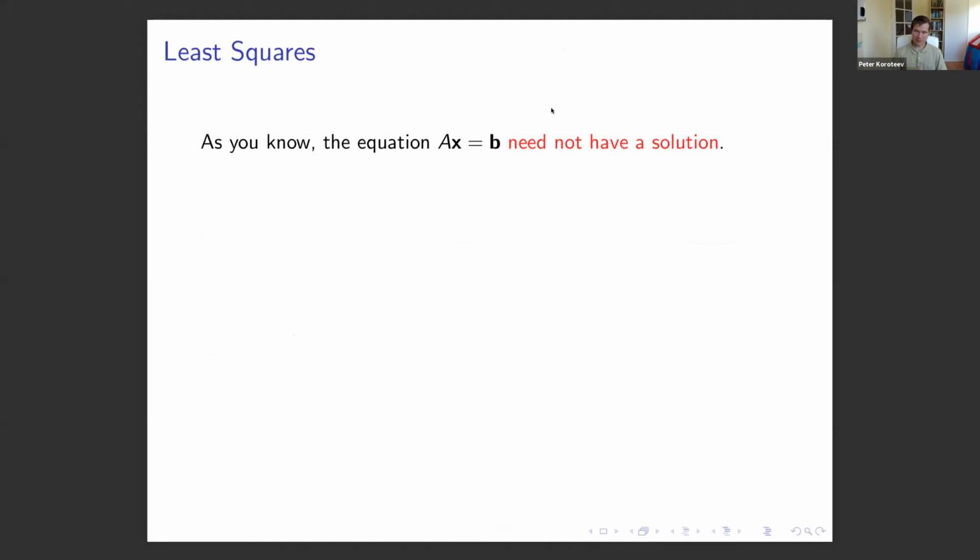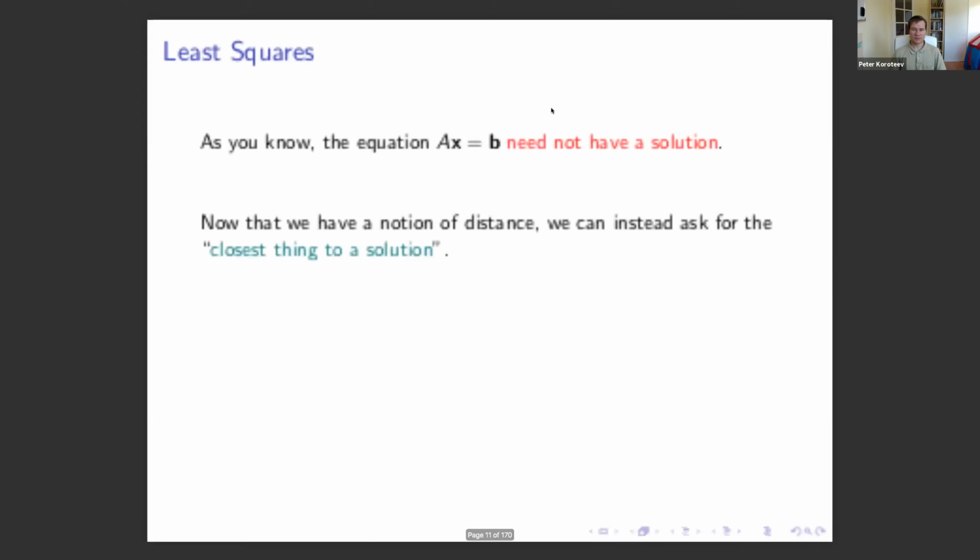So, as you know, the inhomogeneous equation Ax equals b need not have a solution. Since we have a notion of distance using norms, we can instead ask for the closest thing to a solution.